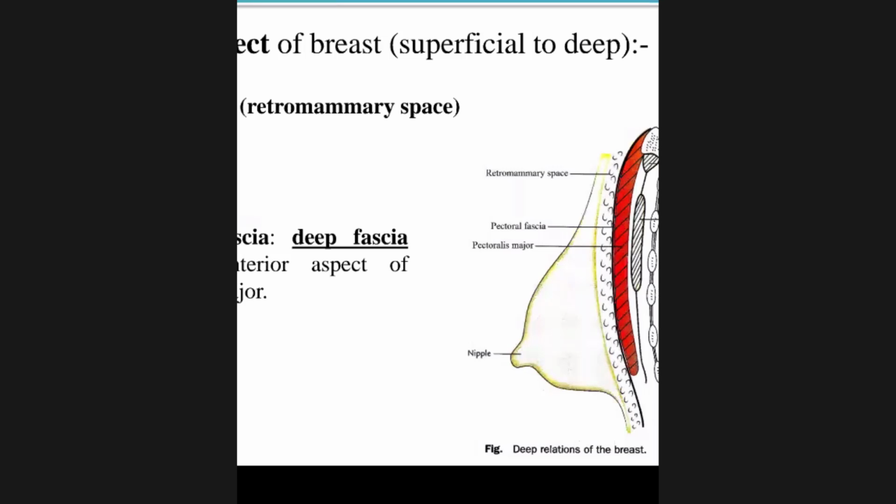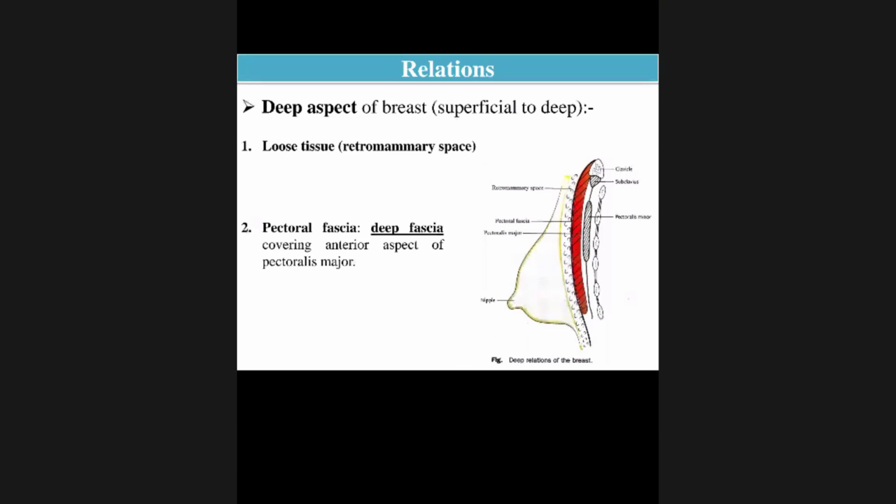Because of this retromammary space, the mammary gland moves downwards as well as horizontally and vertically during walking. This is the main reason why there is movement during walking.